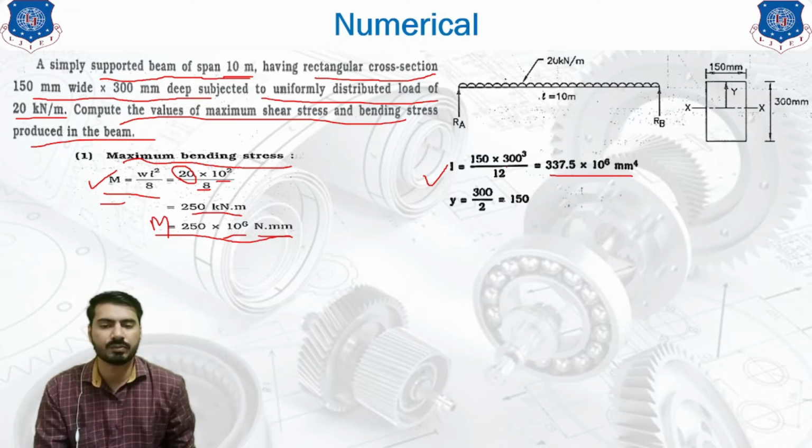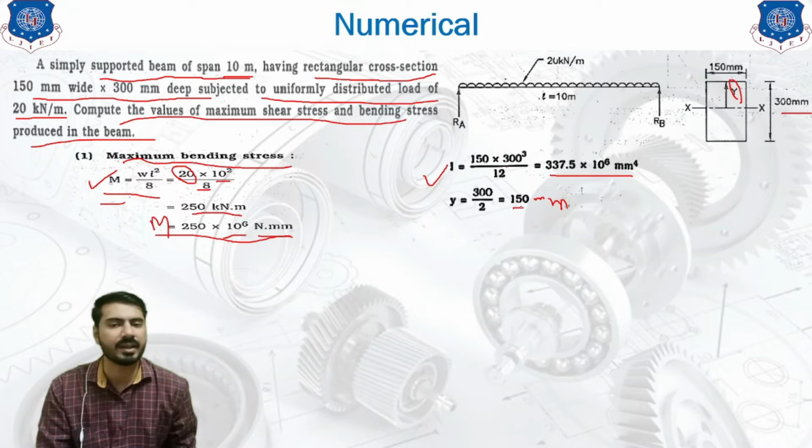Similarly, we need to find the distance y. Y is this much distance. If the total depth is 300 mm, then the y distance is half of 300, that is 150 mm.